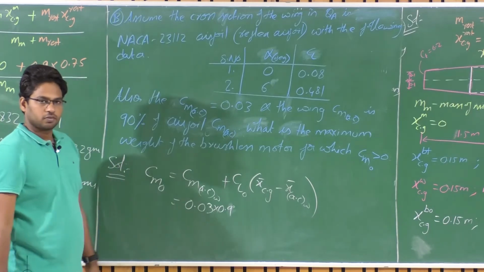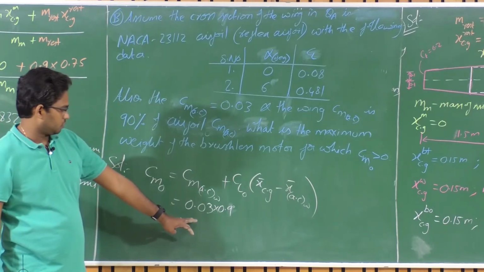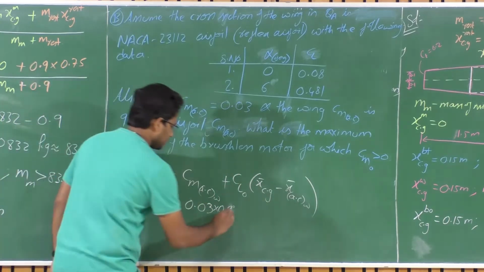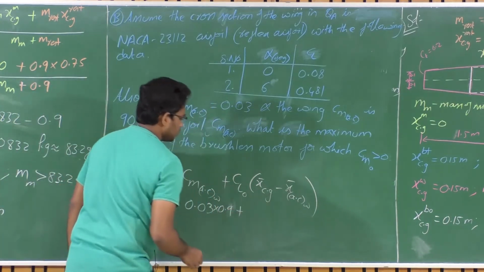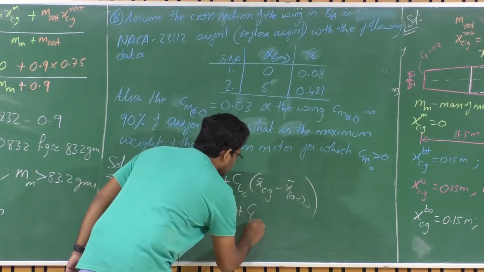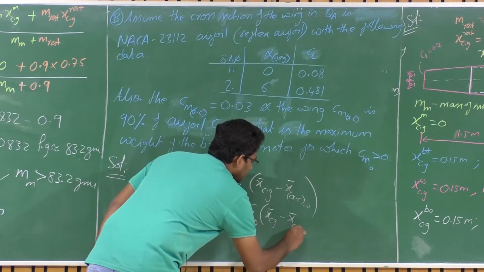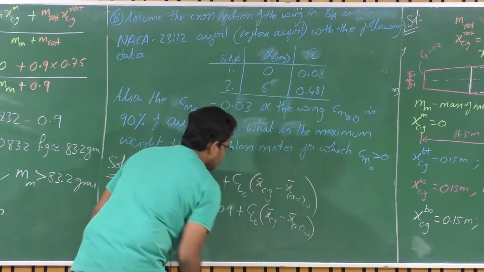Right? What is the value? 0.027, right? Okay. Plus CL naught times x bar CG minus x bar AC of the wing.